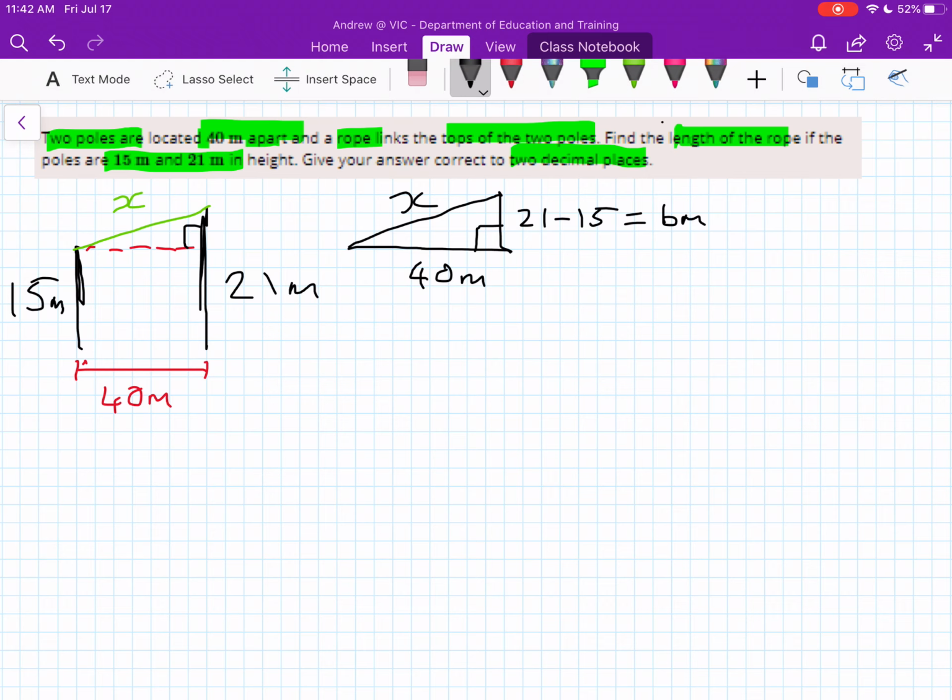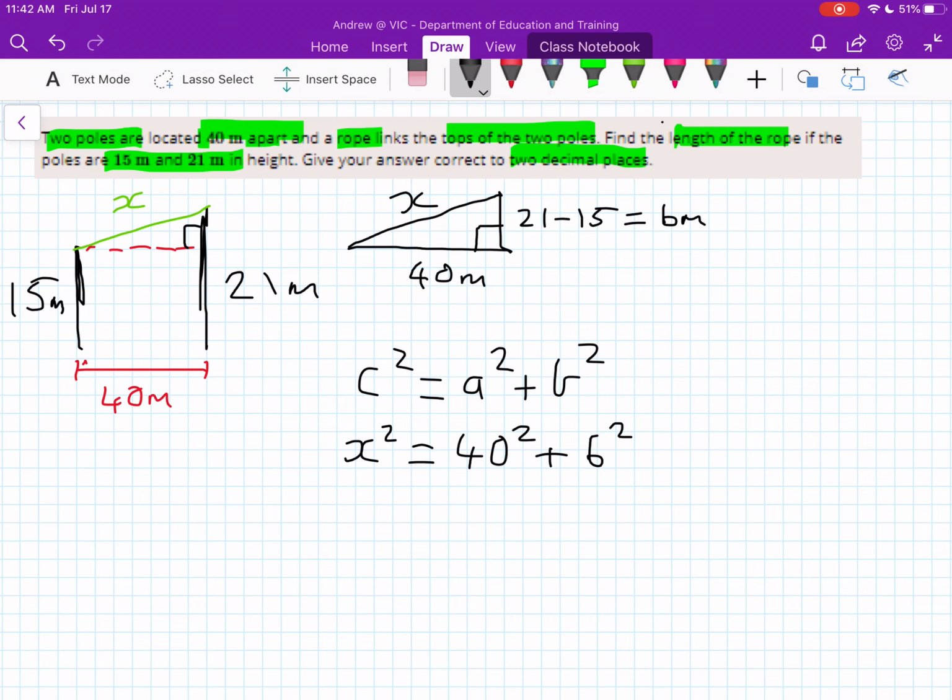We're finding the hypotenuse, so we can use c squared is equal to a squared plus b squared. We just need to fill in the blanks, and we should be alright. So c squared, I'm going to write this as x squared, because that's what I wrote in my question, is equal to a squared. It doesn't matter which side you use for these ones, remember. So 40 squared plus 6 squared.